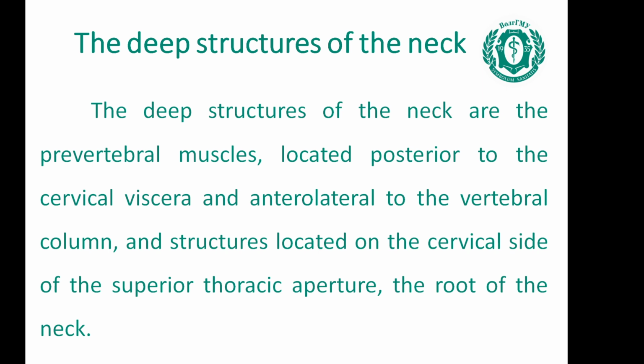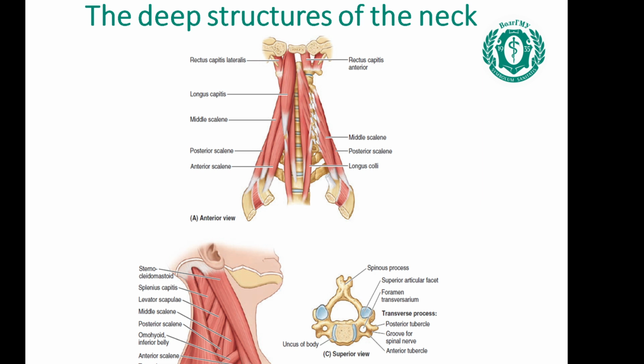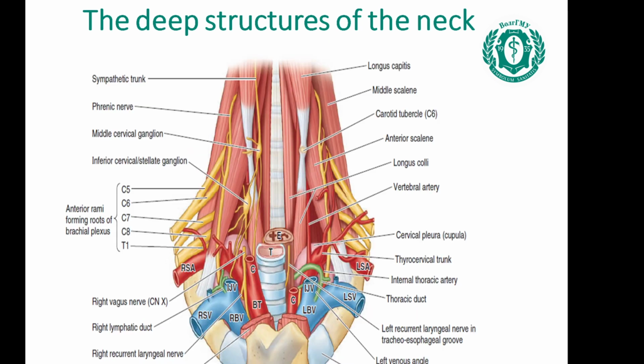The deep structures of the neck are the prevertebral muscles located posterior to the cervical viscera and anterolateral to the vertebral column, and structures located on the cervical side of the superior thoracic aperture, the root of the neck. Here you can see the deep structures of the neck.